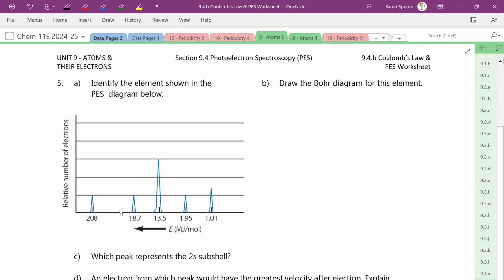Who is number 5? Tony knows the answer. And indeed it is phosphorus.